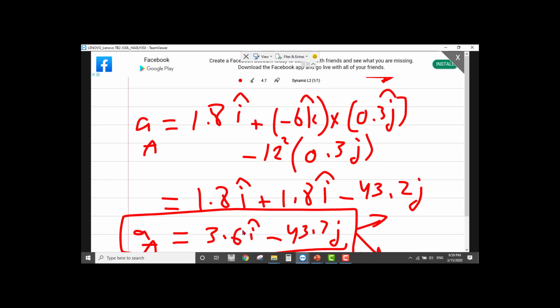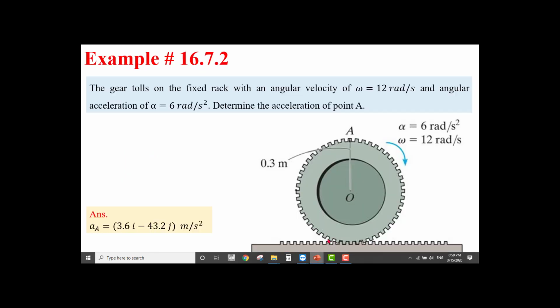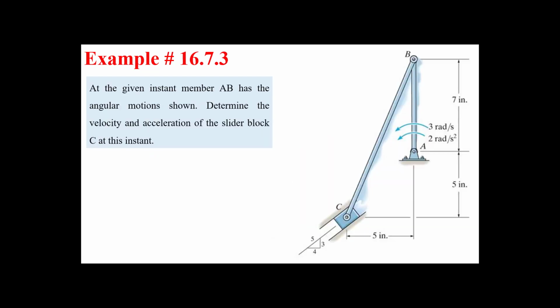If we need the magnitude, we take the square root of the sum of squares, and if we need the direction, tan inverse of the J over I component. So this is question number 1, and we are left with another question.